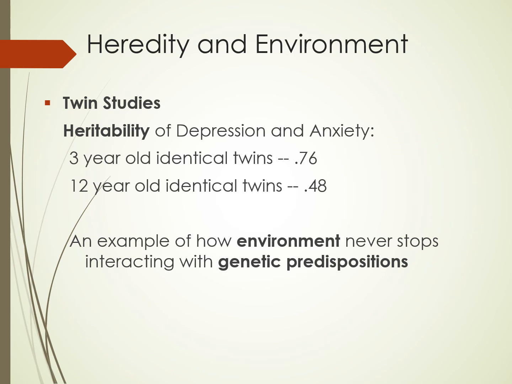And this makes sense. If we're showing attributes of depression and anxiety at 3 years old, that is likely because it's running in the family. And by the time we're 12 years old, environment has had more of a chance to have an influence, and we're more likely to be seeing effects of the environment.